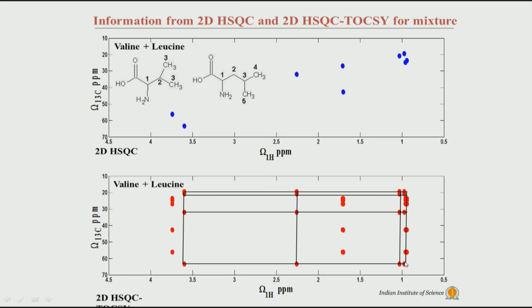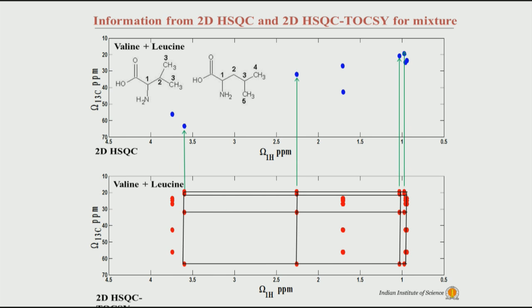So, this is like a TOCSY, but now the horizontal lines are carbons and the vertical lines are protons. This entire molecule will have one connection, and similarly the other molecule. Now, if you look, this corresponds to these HSQC peaks. This vertical line corresponds to this peak on the x axis and y axis, and similarly for the others. Each line corresponds to one peak in the HSQC, and this whole thing corresponds to one spin system.